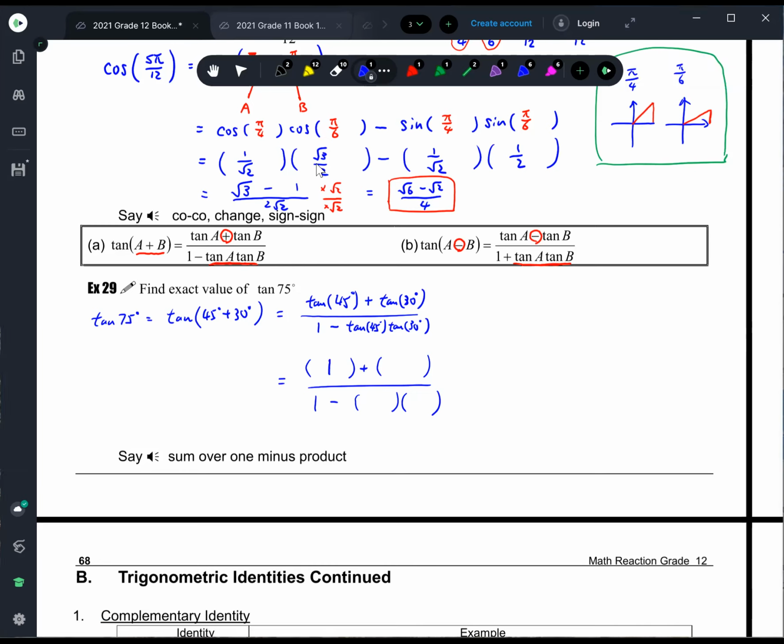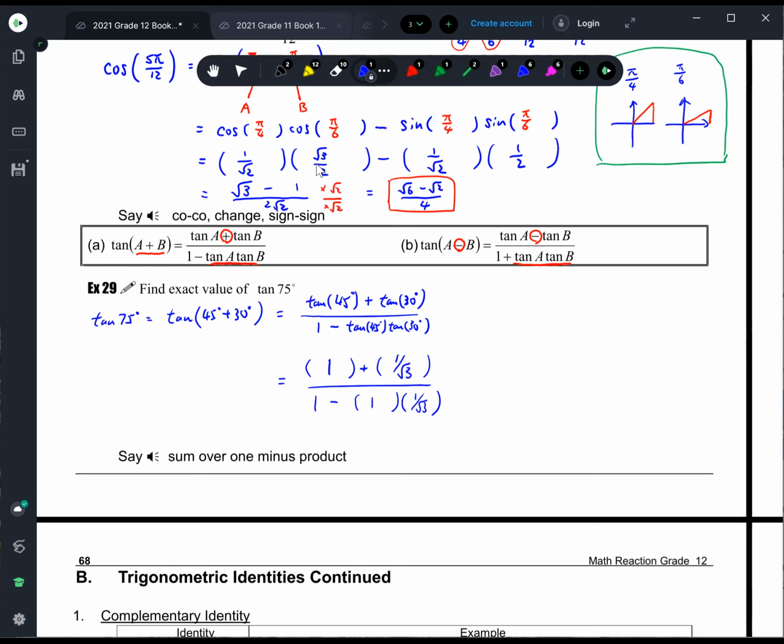Tangent 30 degree. Philip, 1/√3. Yeah. And then the bottom are the same, right? Tangent 45 again, 1/√3 again.